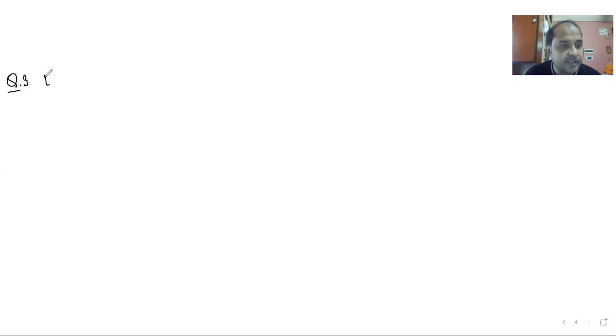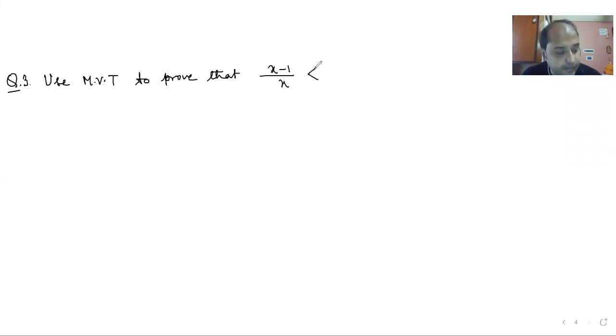Question number 3 says: use mean value theorem to prove that (x minus 1)/x is less than log x, which is less than x minus 1, for x greater than 1.